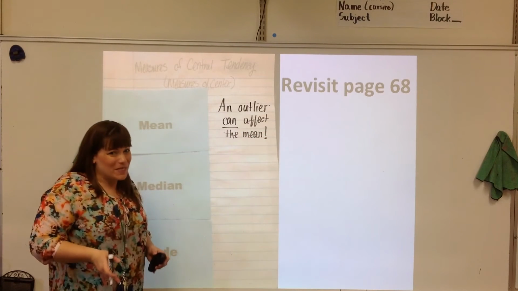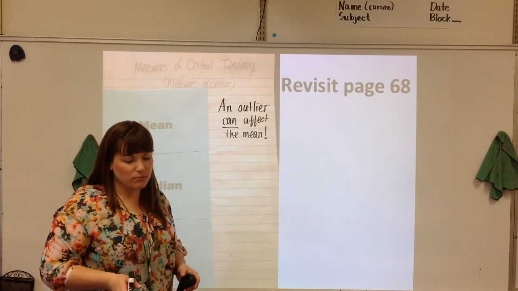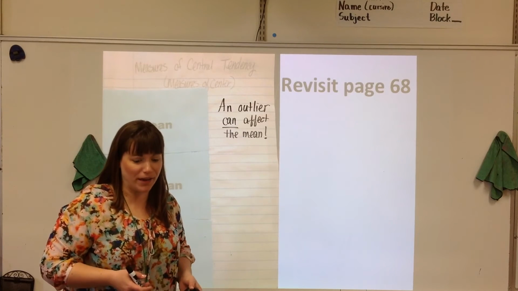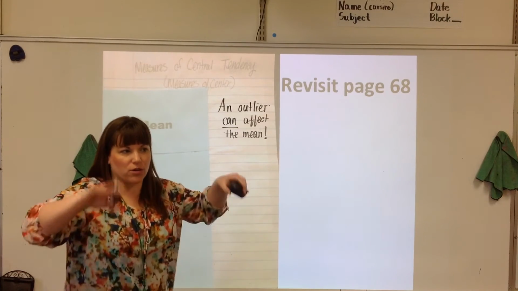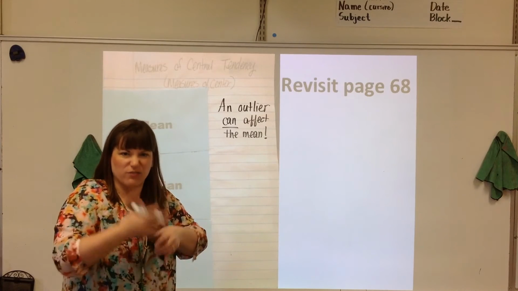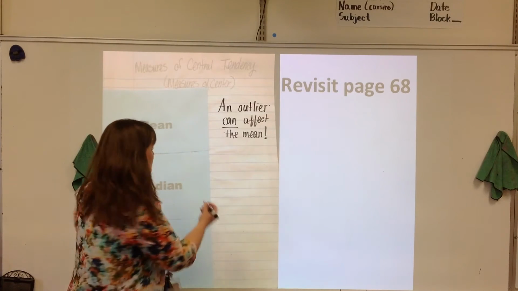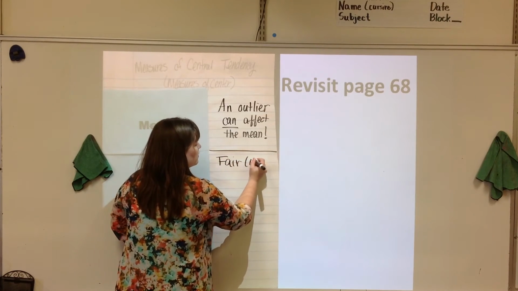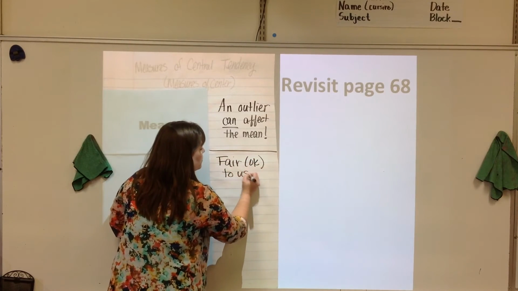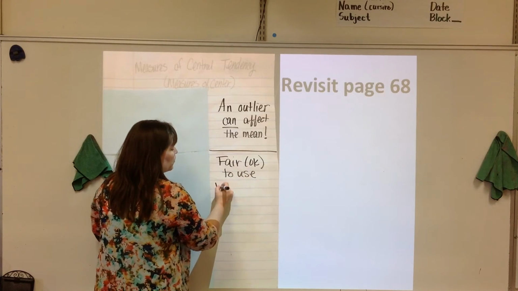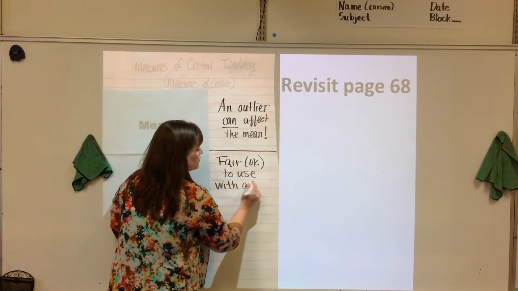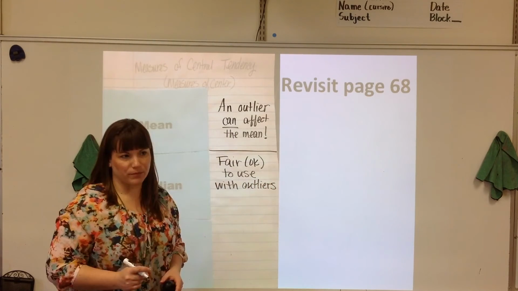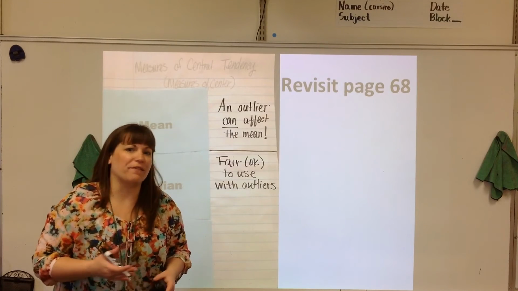If you're talking about medians, it's okay to use with outliers and find the median even if there is an outlier, because as you cross things out, you get rid of those outliers to find the middle value. So it's okay to use, or fair. So right here I'm going to say it's fair to use, it's okay to use with an outlier. Another way of thinking about it is that outliers don't affect median.